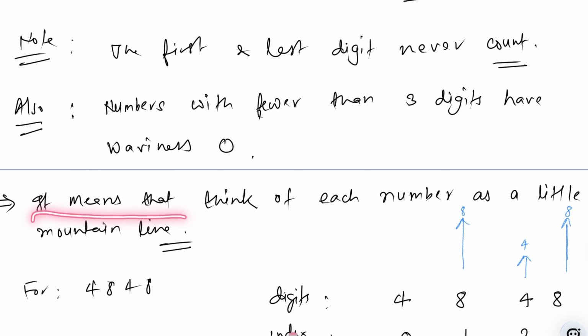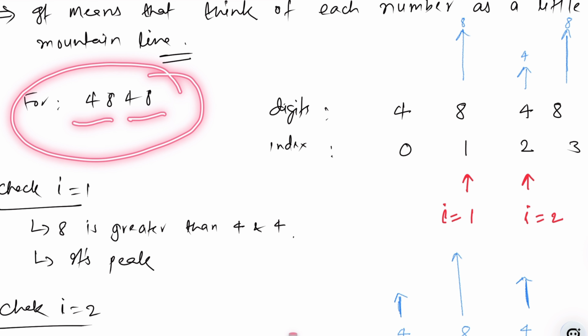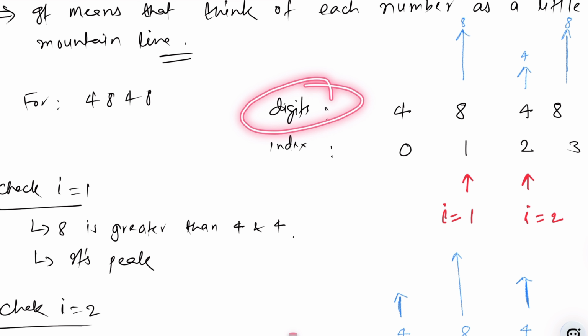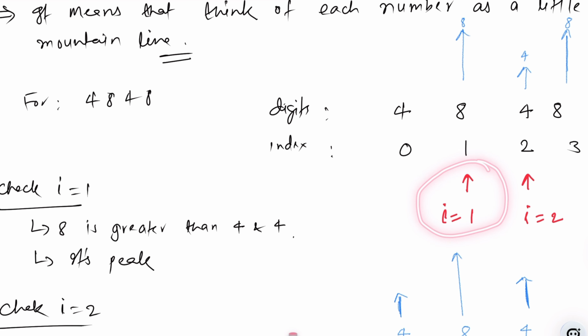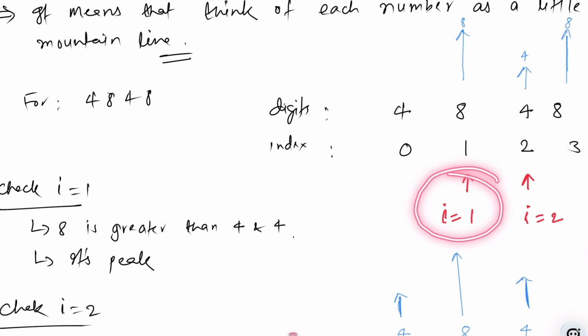So you have to think of each number as a little mountain. Let's understand how. For example, we have 4848. The indices are 0, 1, 2, 3. Since the first and the last digit will not be counted, the very first index we check is i equal to 1.